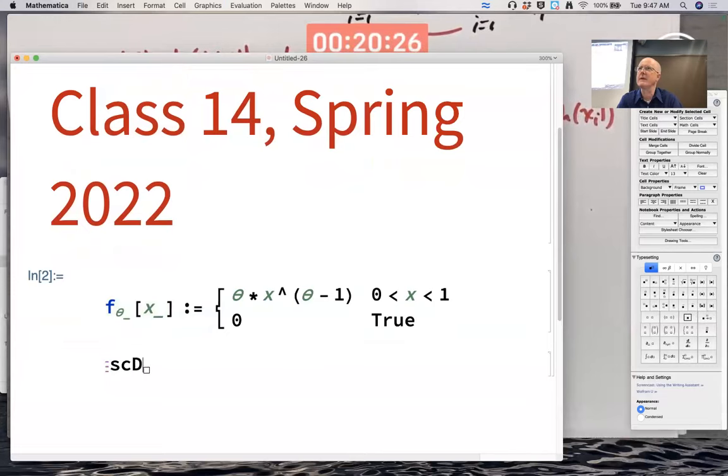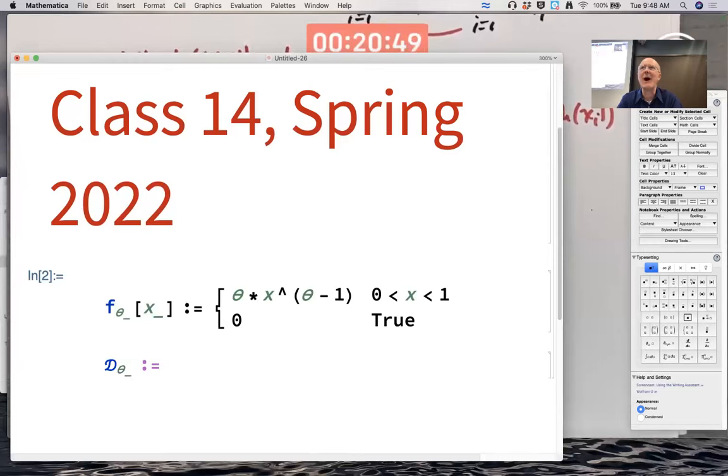Remember, it's ProbabilityDistribution that allows you to do simulations with user-defined PDFs. And escape sc d makes a cursive d. Not that you have to make a cursive d here, but it's pretty.